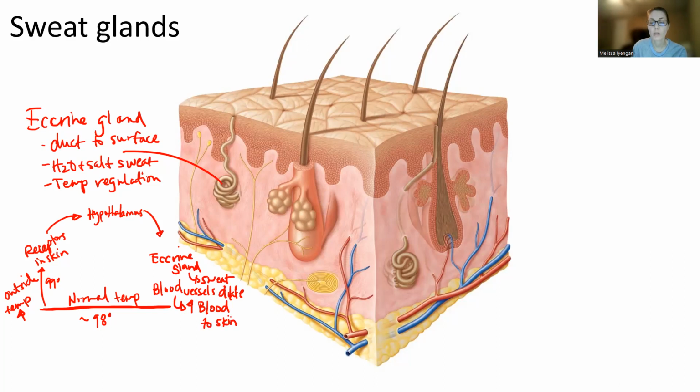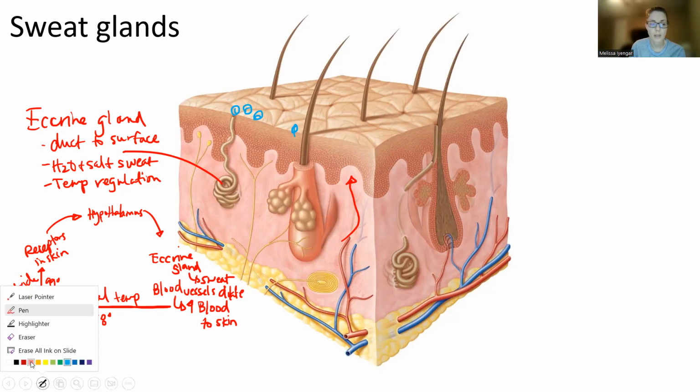Blood also contains heat. It's hot. As you send that heat up towards the surface, plus you have water-based sweat coming off the surface, that's going to help you reduce the heat that's being brought to the surface. So overall, the effect here should be to go back to normal body temperature.